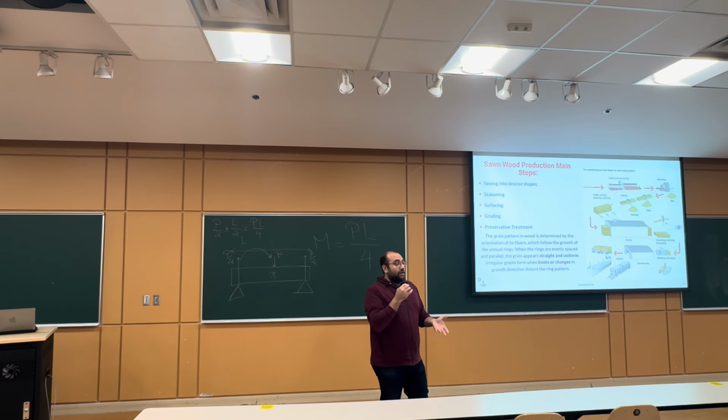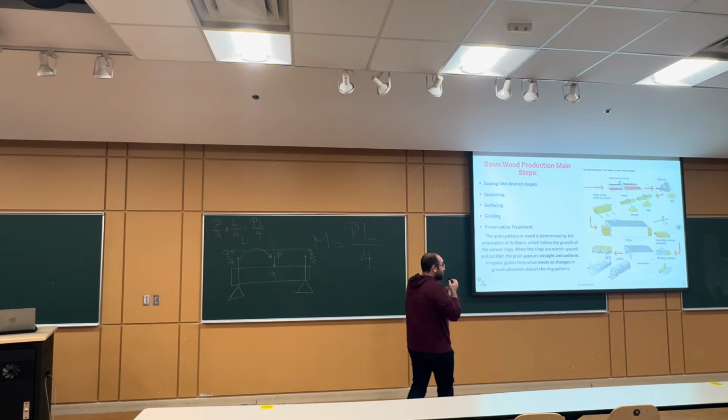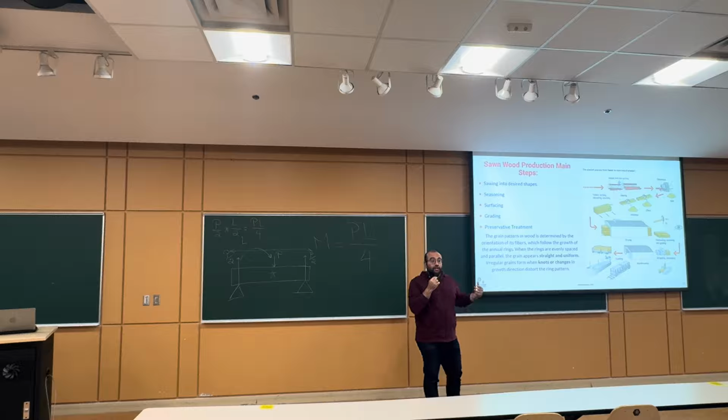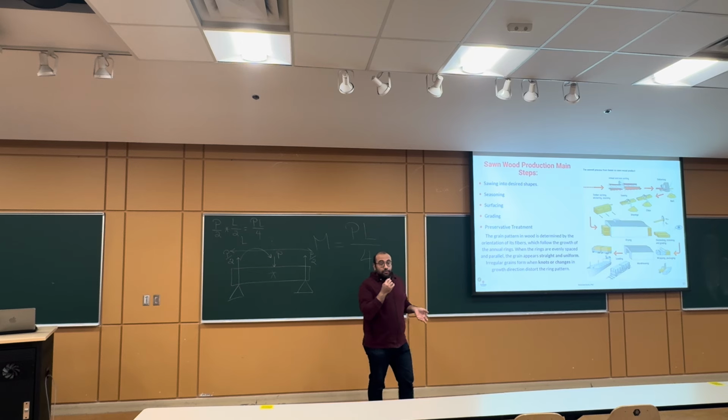We inspect those pieces that have been cut, seasoned, and surfaced. And then we put a stamp with a grade on it. This process is called grading. And the grading procedure can be done visually or mechanically, and we'll be talking about this in the next couple of slides. And at the end, and it's an optional procedure, the preservative treatment.